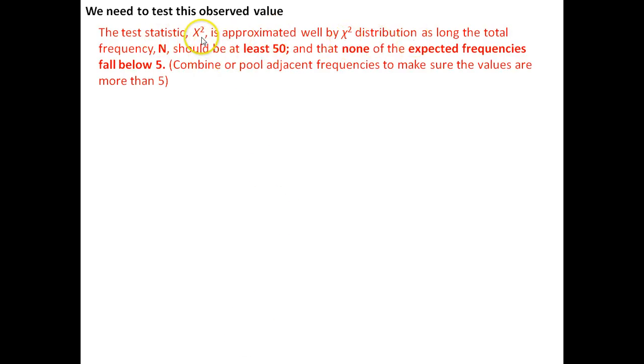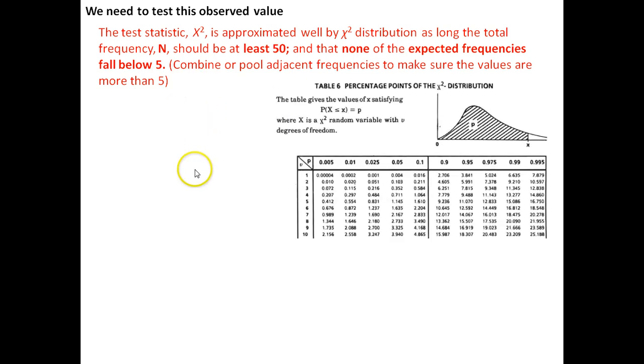The X squared test statistic is approximated well by the chi-square distribution as long as the total frequency n is at least 50 and none of the expected frequencies falls below 5. What we do then is combine or pool adjacent frequencies to make sure the values are 5 or more.